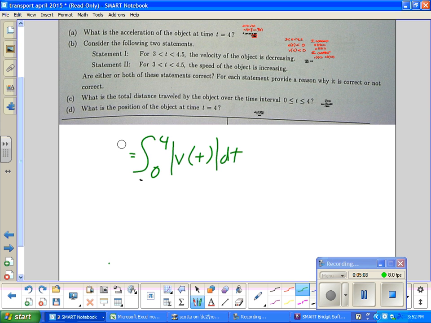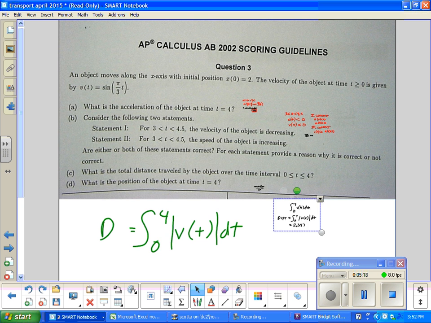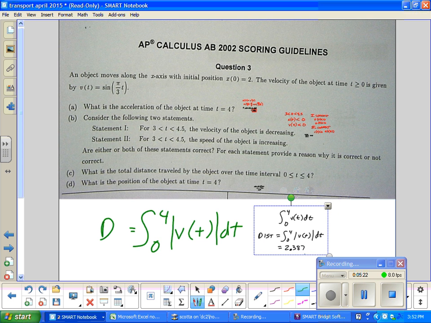Now it's not position, I should say, now it's distance. So I put D equals. And I would just type that in my calculator, all right, because this is a calculator section. And again, I assume up here I got this. Oh, and there's the note. Yep, you'll see it right there, 2.378 is the answer.